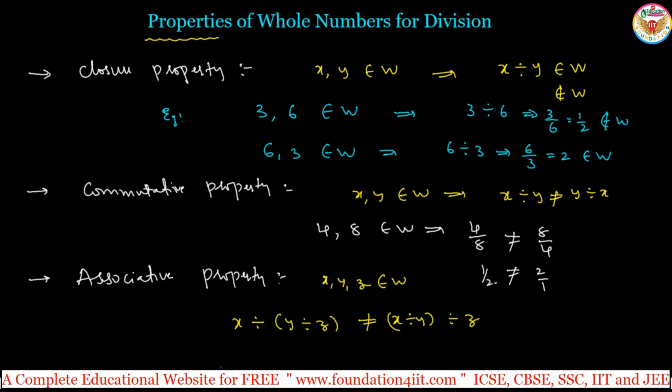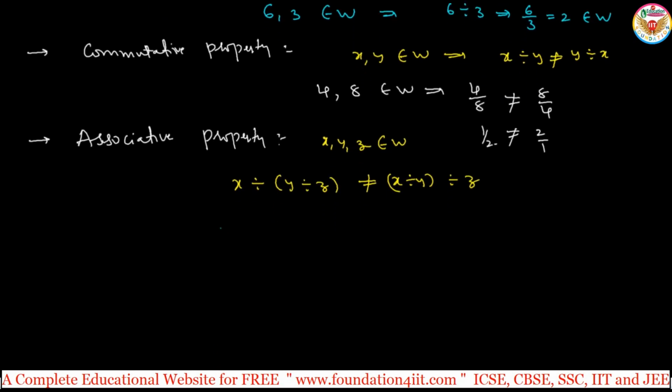So you can take an example and check. Even if you take, for example, 2 divided by 4 divided by 8, let's take x is 2, y is 4 and z is 8.